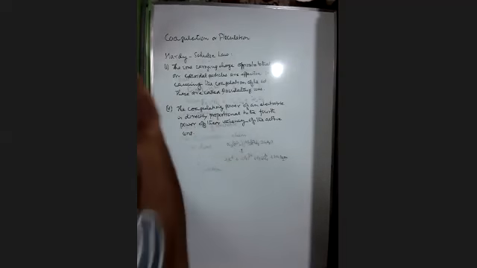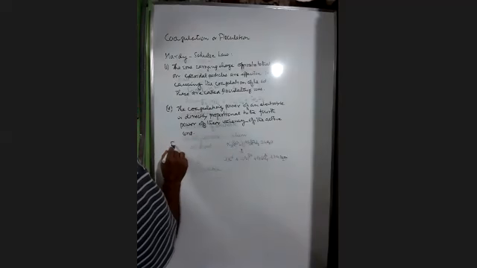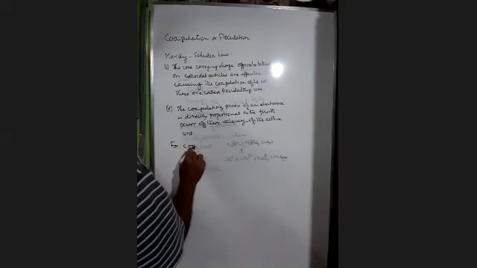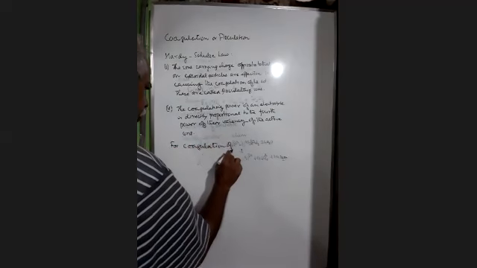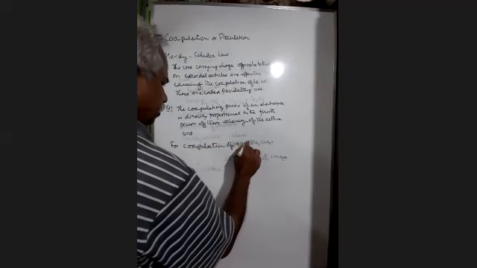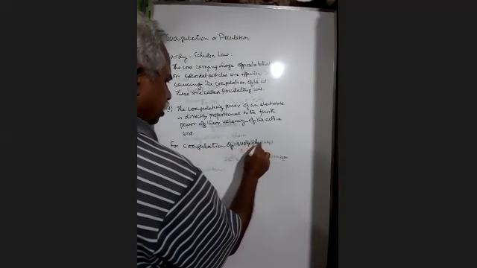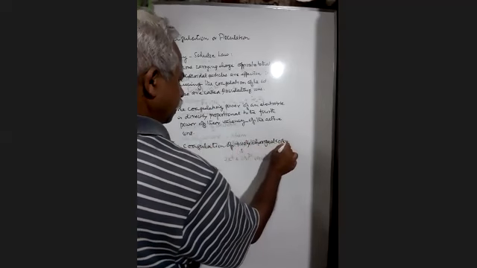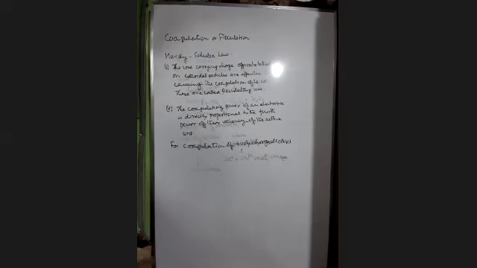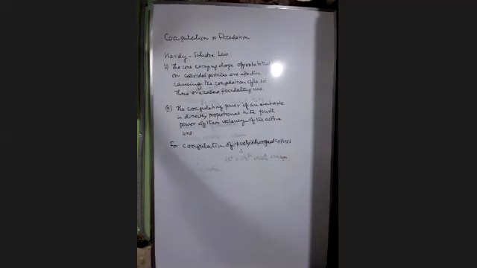Now see the application. Suppose you want to coagulate a positively charged colloid. It can be any colloid. So for precipitation of the positively charged colloid, what type of ion should we use? You reply.